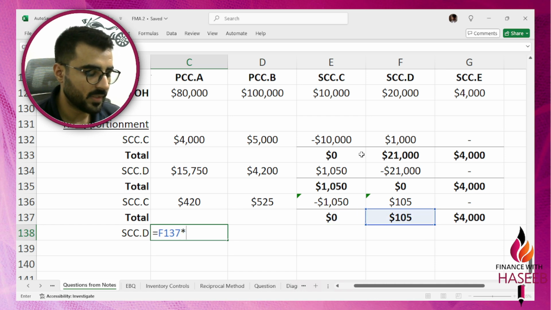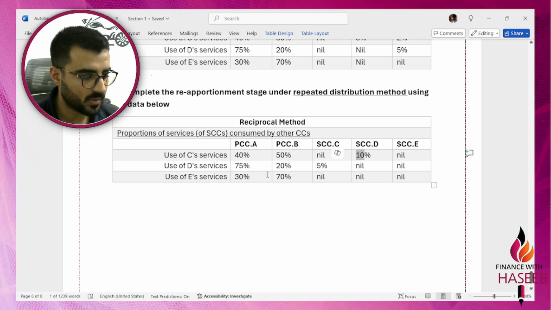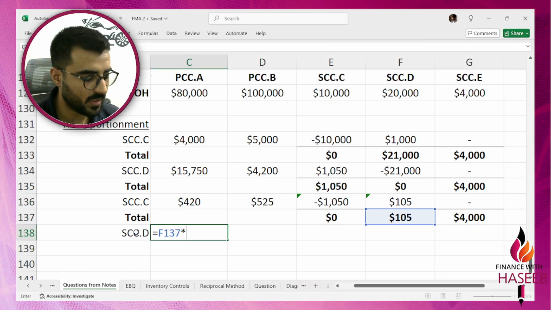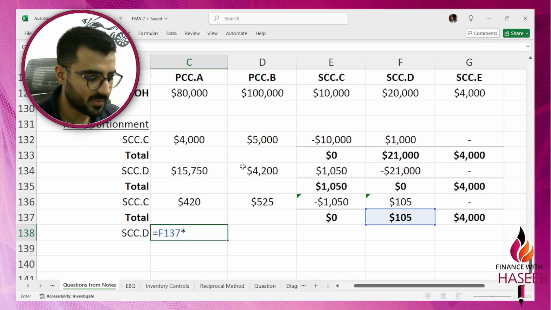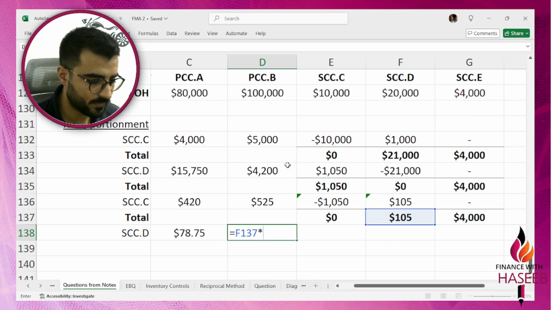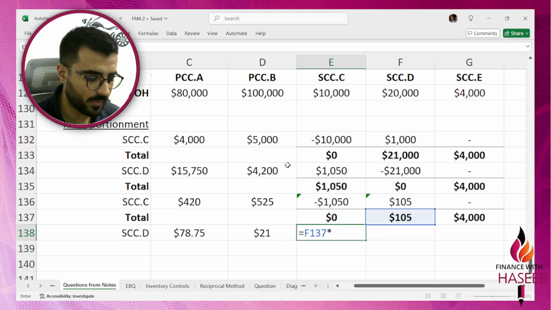Okay, so 105 multiplied by production cost center A. So we are sharing service cost center D, so we have to look at this data. So it's multiplied by 75%, and then 105 multiplied by 20%, and then 105 multiplied by 5%.